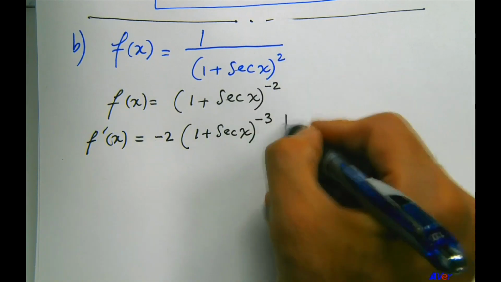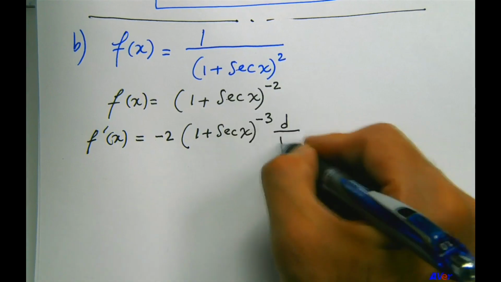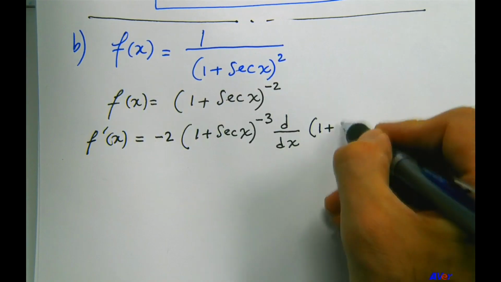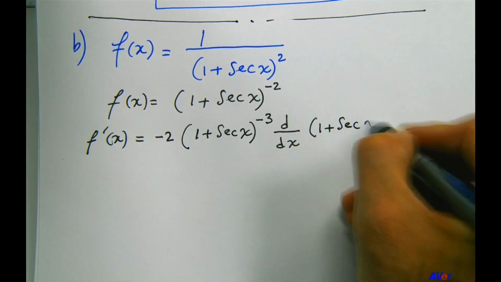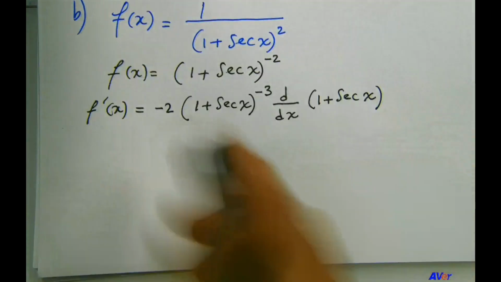Now we want to multiply this by the chain rule, right? Multiply all of this by the derivative of what you see inside the parentheses. Like that. All right? So let's do that.